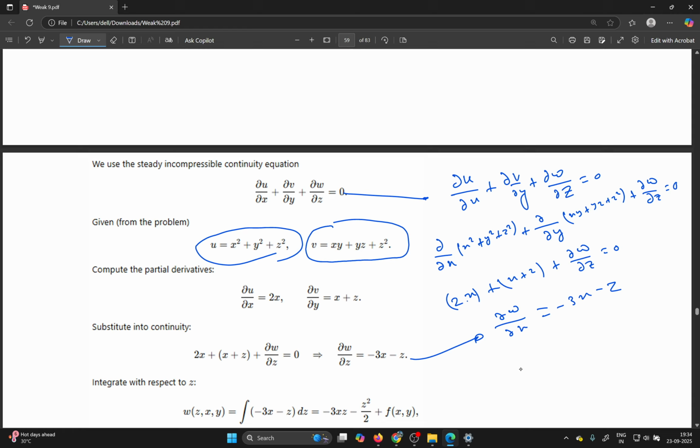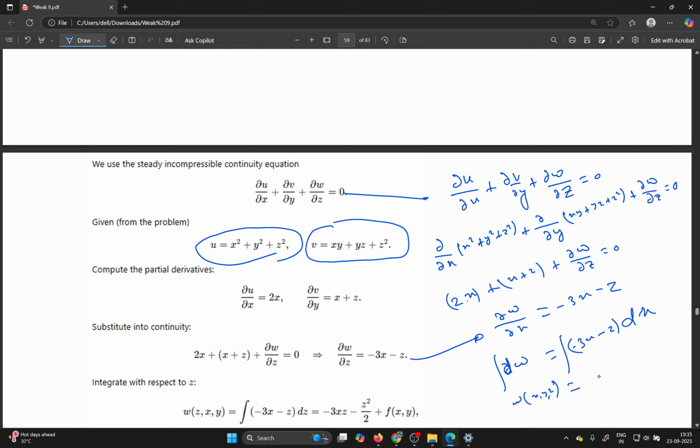So dW is equal to minus 3x minus z dz, and this will give you a function of x, y, z.